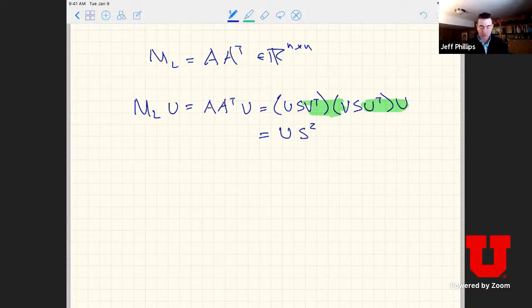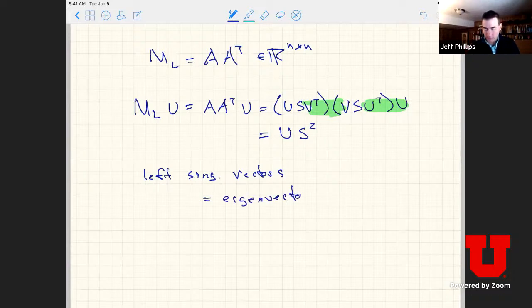Right, so that means that when I do it this way, now the left singular vectors are going to be equal to the eigenvectors of ML, which is A transpose. So the same thing happens when I do everything in the transpose.